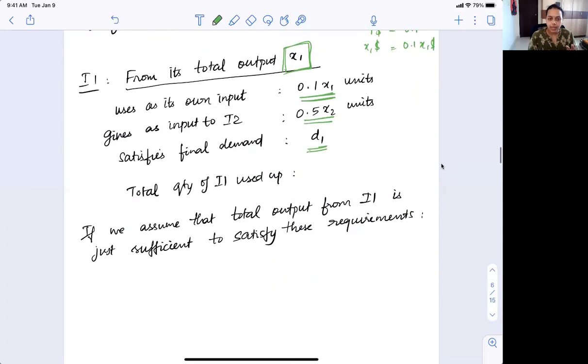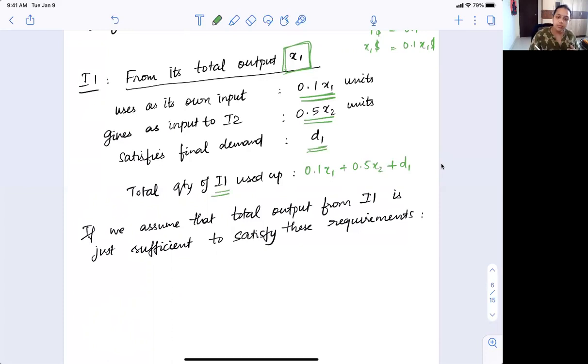So from its total output X1, the total quantity of I1 that's going to be used up is 0.1 times X1 in its own production, plus 0.5 times X2 to cater to I2's production, and then D1 units for final demand. So this will be the total quantity of I1's output that is actually used.